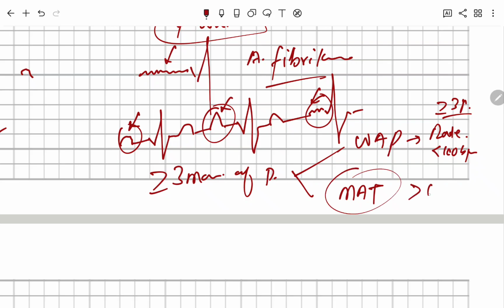And if the rate is more than 100 beats per minute, and we find multiple morphologies of P waves, this is called multifocal atrial tachycardia. In both of these conditions, we're going to find variable PP interval, RR interval and PR interval. All of them will be variable.